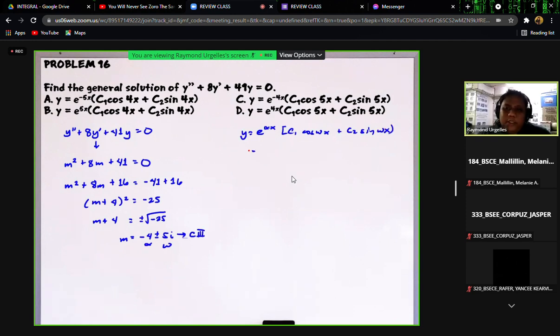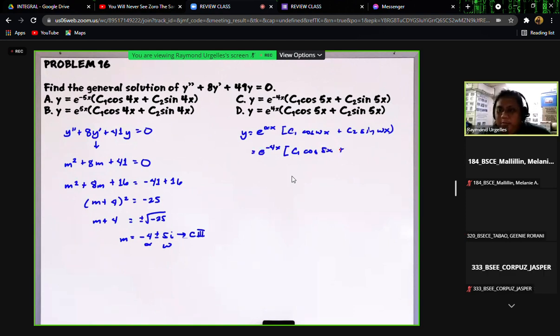So this will be e to the negative 4x multiplied by c1 cosine of 5x plus c2 sine of 5x. So this is our final answer.